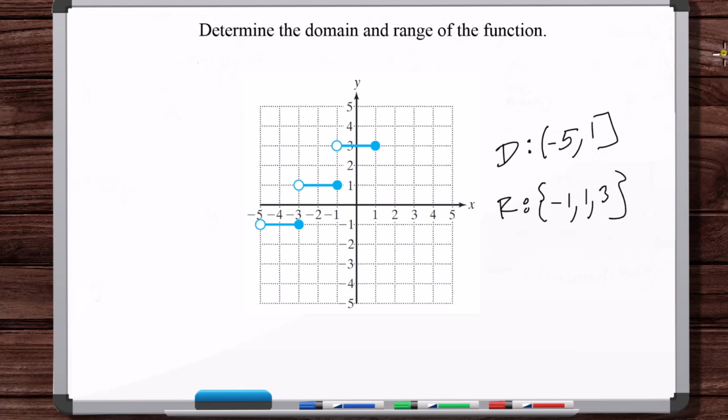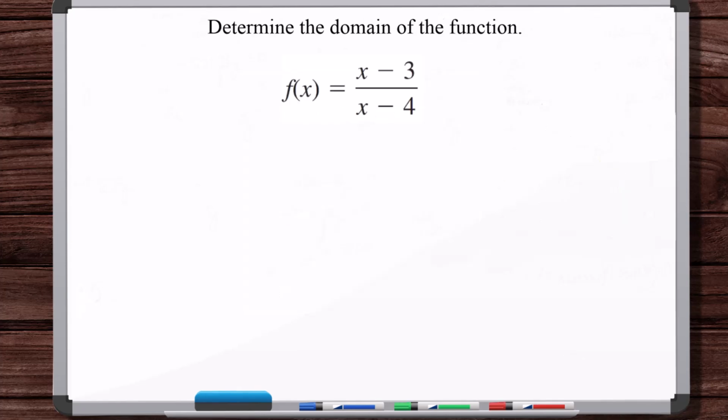So that's the range. Okay, for these problems, we're given functions in the form of equations, and we want to determine the domain of the function, just the domain. Okay, but why not the range as well? Well, you can think about when it comes to finding the domain of an equation form of a function or even a relation.